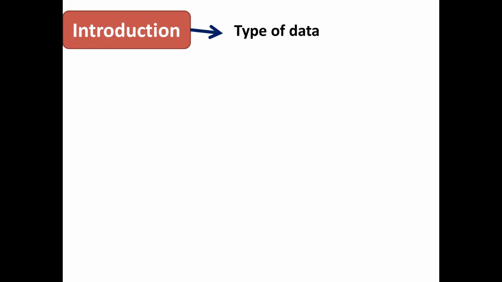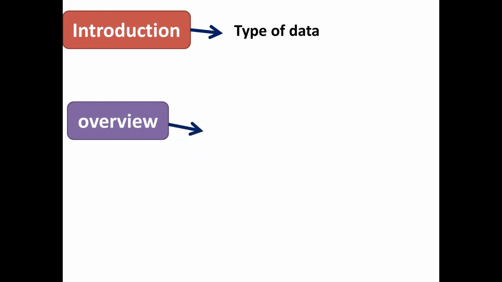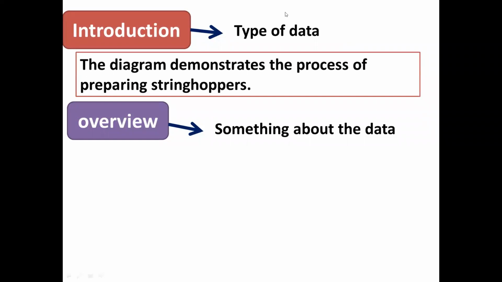Is it a diagram showing a process? An overview tells the reader something about the data itself, but without going into detail. Let's look at an example for introduction. The diagram demonstrates the process of preparing string hoppers. This is taken from the introduction.